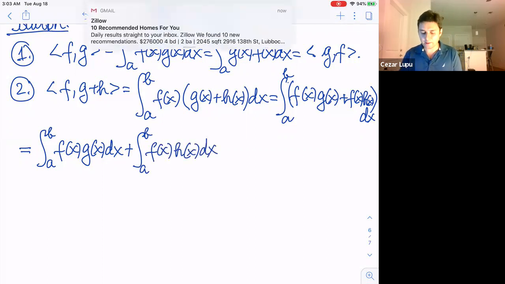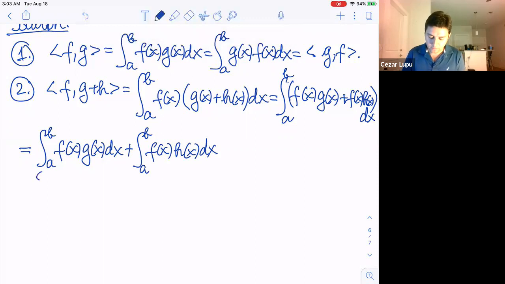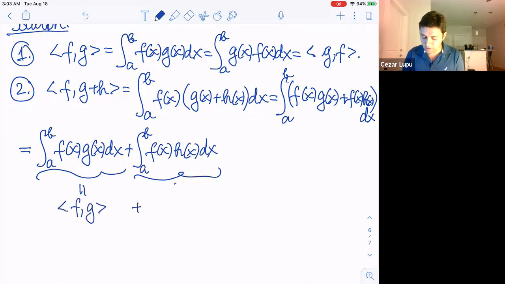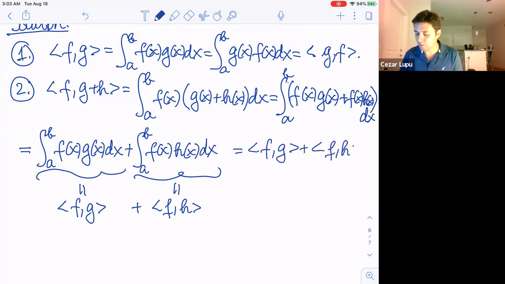But now if you look at it, this is nothing else than the inner product between f and g, and this is nothing else than the inner product between f and h, which is exactly what we wanted to prove.